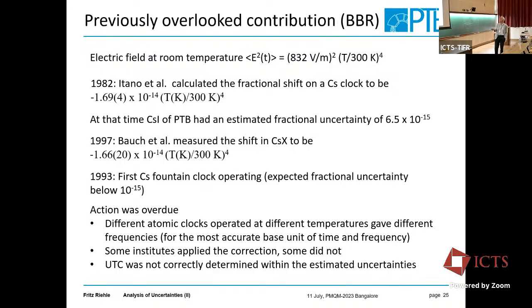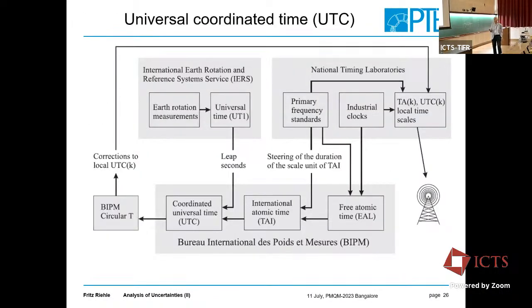So UTC, the coordinated universal time, was not correctly determined within the estimated uncertainties. Okay, how is the coordinated universal time made? There are around 500 different clocks that make a free atomic time to make a stable time scale. This is corrected with primary frequency standards to make it also accurate.